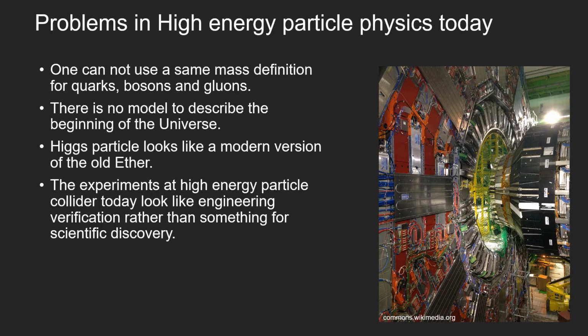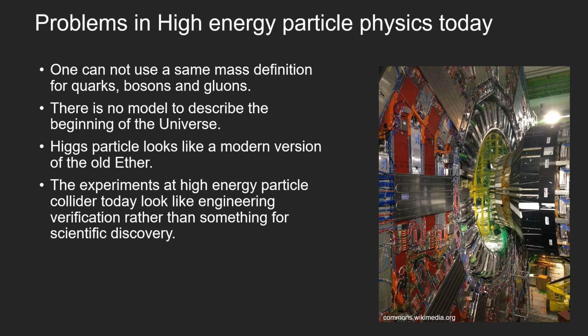One of the conclusions in part 5 of this video series is that one cannot use the same mass definition for quarks, boson, and gluon in the standard model. We learned from the previous slides of this part that there is no model to describe the beginning of the universe.